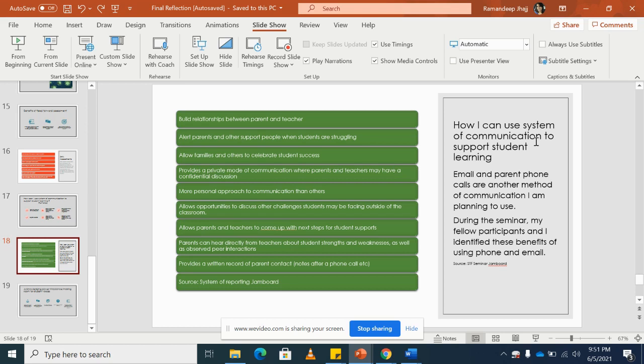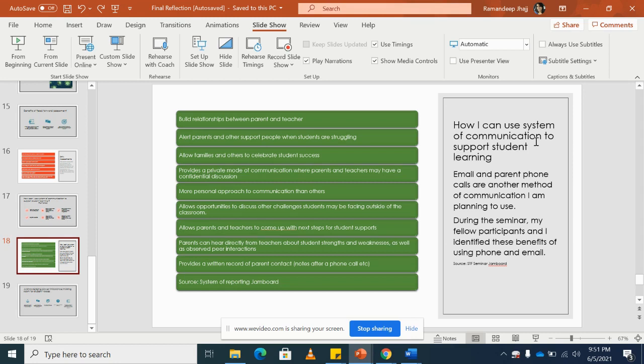It helps to build relationships between parent and teacher, alerts parents and other support people when students are struggling, allows families and others to celebrate student success, provides a private mode of communication where parents and teachers may have a confidential discussion, is a more personal approach to communication than others, allows opportunities to discuss other challenges students may be facing outside of the classroom, and allows parents and teachers to come up with next steps for student supports.